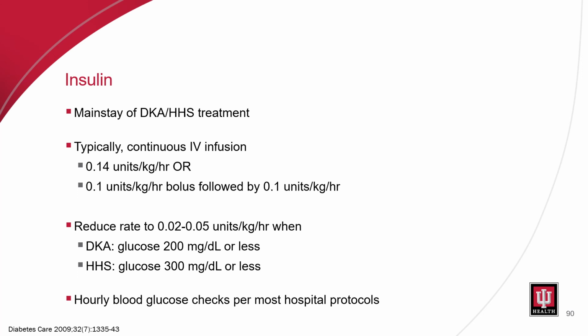And this is often when we also add in our D5W with our fluids. When using an insulin drip, hourly blood glucose checks are required by many hospital protocols, and certainly if it's not required, we will be wanting to monitor the blood glucose rather frequently in order to appropriately titrate the drip.